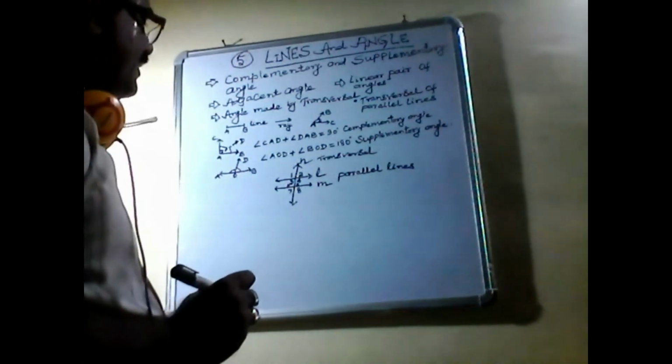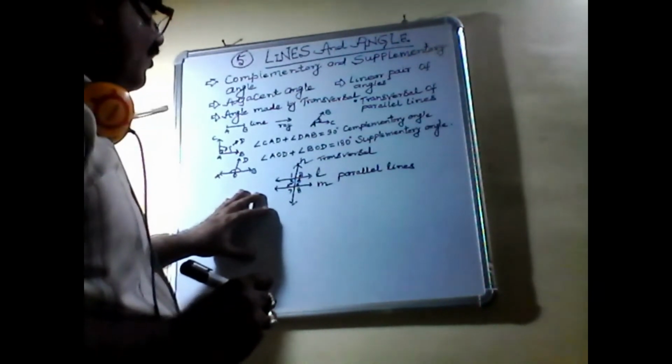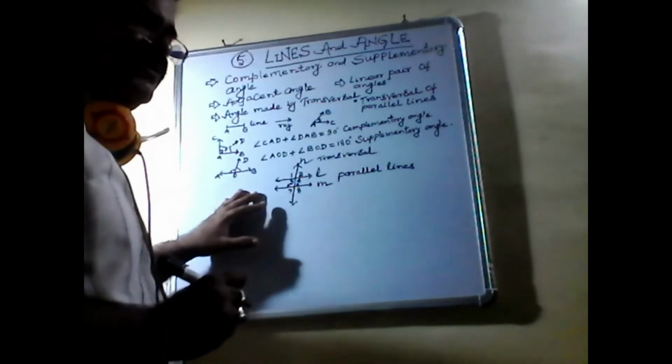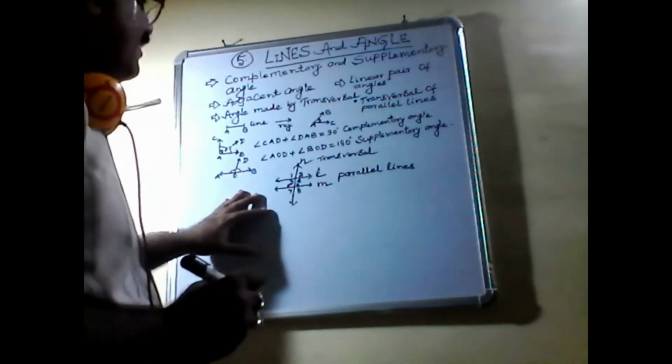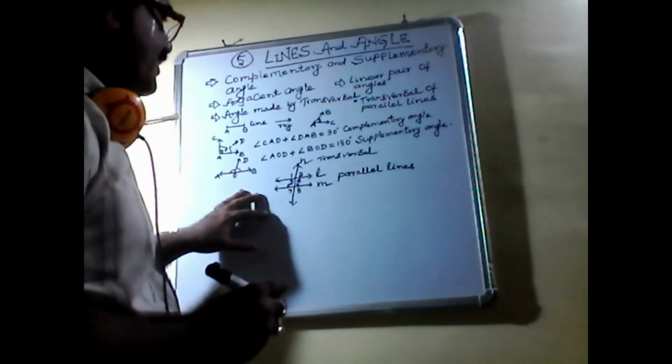So you can think, in such cases, what type of angles will be formed and what relation will exist when the transversal intersects the parallel lines.